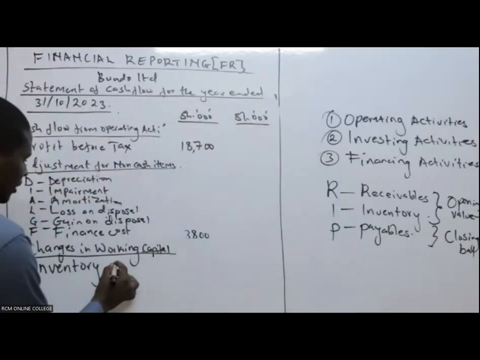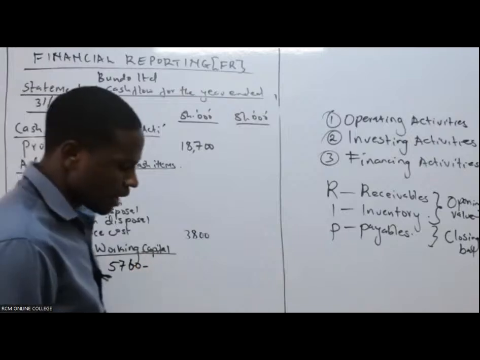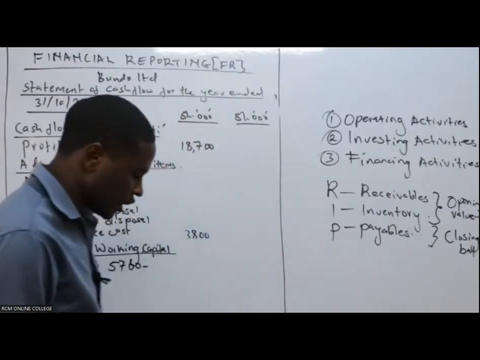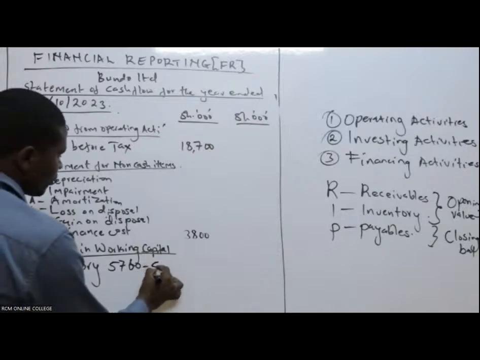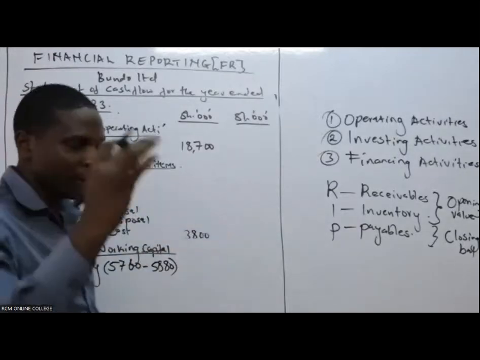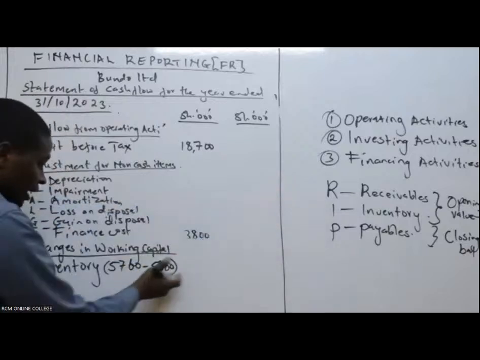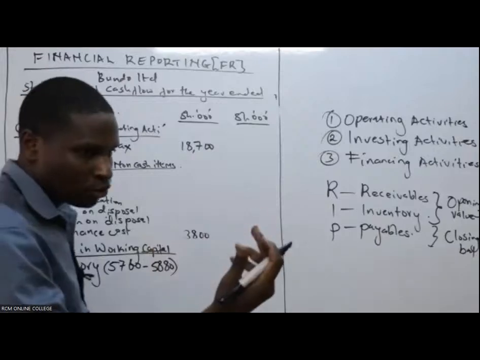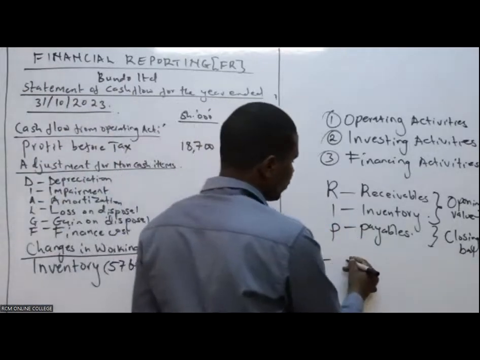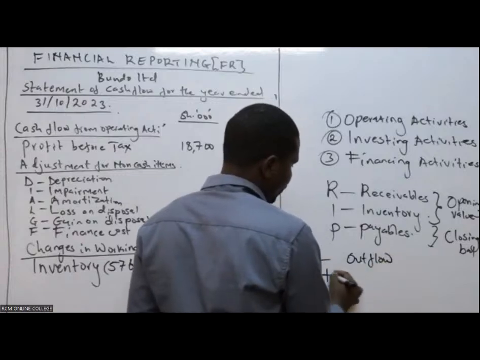So I'll just say 5760 minus my closing balance for inventory, 5880. And then you give me the result, and the result must be put the way it is. If you get a negative, put it as a negative, reflecting an outflow. Remember, negative ni outflow, positive ni inflow.